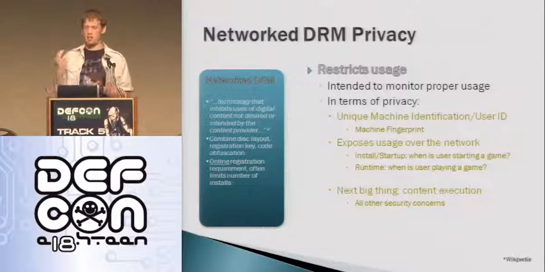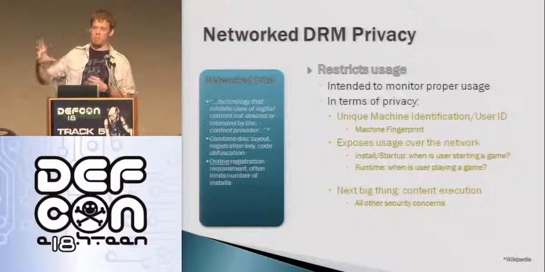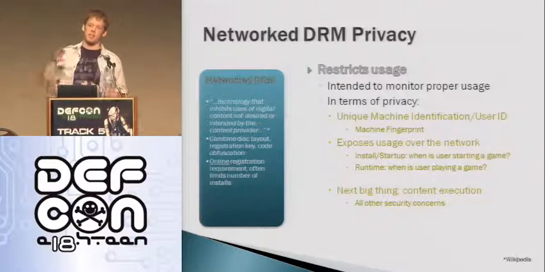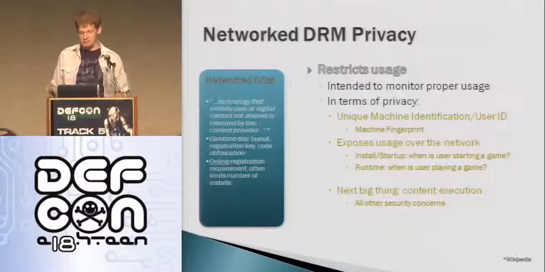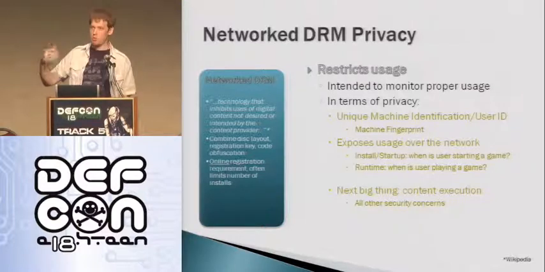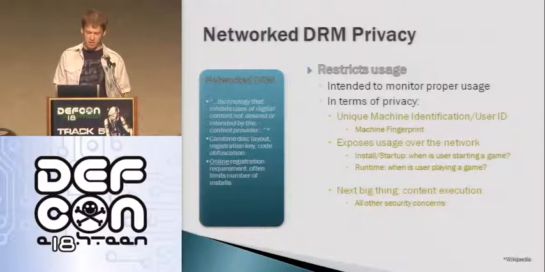This has the privacy aspect that, since these are bigger pieces of content, I can probably identify more directly what you're doing. But you also get executable code through other means. If somebody hijacks this, all bad things can happen. But this is on the horizon, and it's something that might be of concern in a year or so.